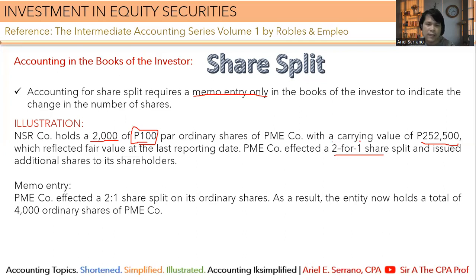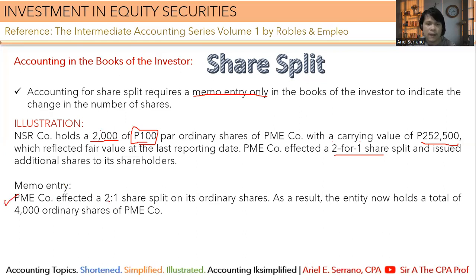So, dadagdagan ang shares of stocks mo in terms of the number of shares, pero yung market value per share ay liliit. 2-for-1. Kung meron kang 2,000, ang isa, palitan natin ng dalawa, edi times 2, magiging 4,000 yan. Pero wala tayong journal entry, memorandum entry only.